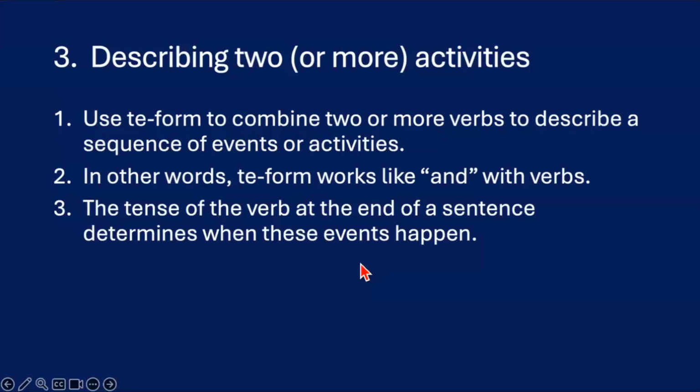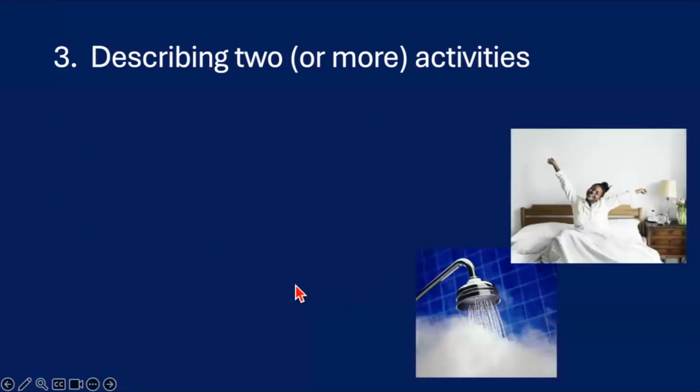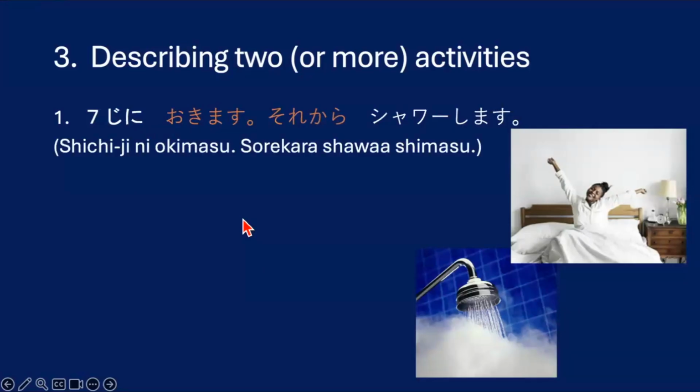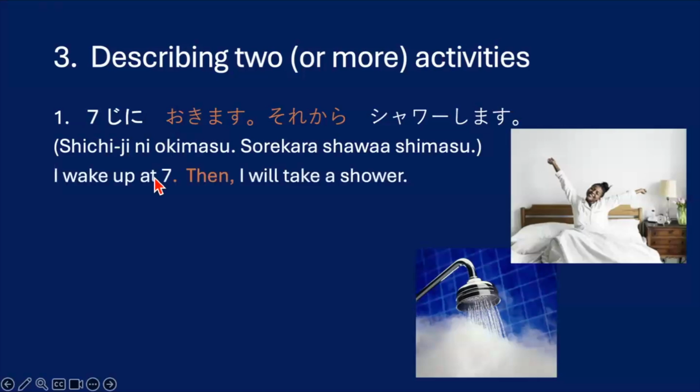And te form itself does not have any time signature. So whether that happens, or happened, or will happen, will be dictated by the end of the sentence, the last verb at the end of the sentence. So I will show you what I mean by this. So, this sentence. 7時に起きます。それからシャワーします。So, I wake up at 7, then それから is and then, okay, take a shower. All right. So these are two sentences.